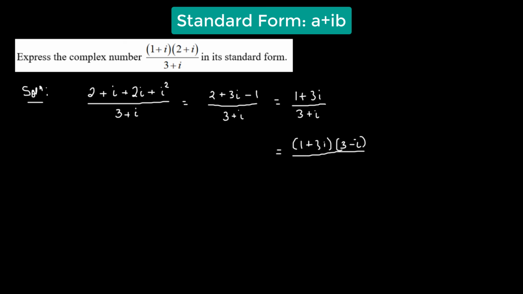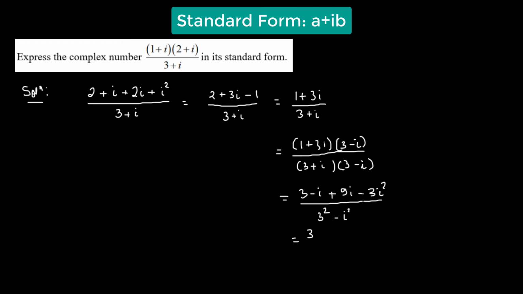So we have 1 plus 3i multiplied by 3 minus i, divided by 3 plus i multiplied by 3 minus i. Now we find the product in the numerator. So we have 1 times 3 minus i, that is simply 3 minus i, plus 3i times 3 is 9i, minus 3i times i is 3i squared, divided by 3 squared minus i squared.